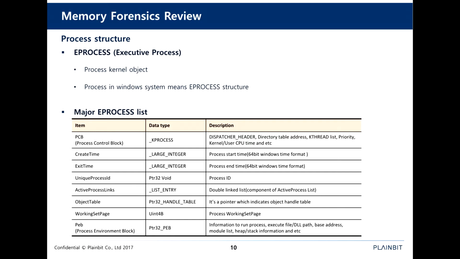The eProcess structure has a number of items, but we have summarized in the lecture material what we need when it comes to memory forensics. Create time and exit time are very important information for tracking process usage information, and the unique process ID entry is also very important because all processes are given a unique ID. Please also take a look at other information.